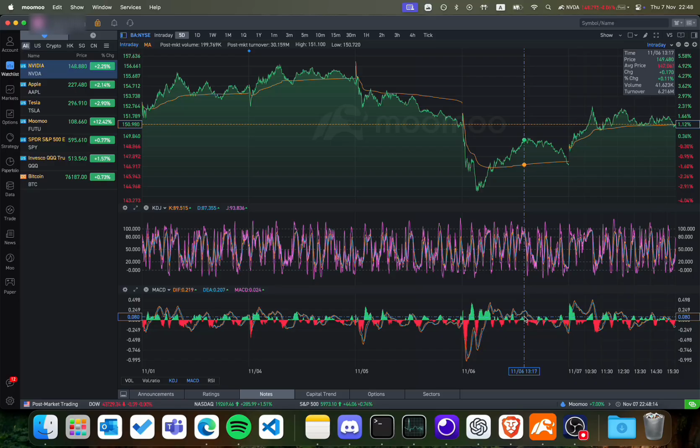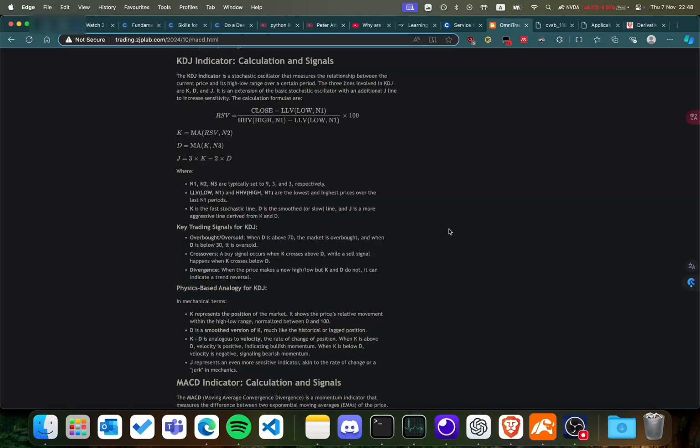With velocity and acceleration in physics, you can calculate the future price, the future moving distance. In the stock market, you should in theory be able to calculate future price movement. But because of the complex and random nature of stock movement, any random factors could occur.